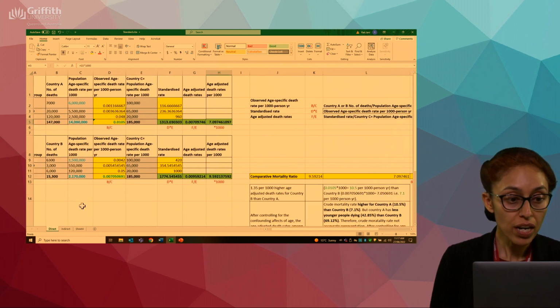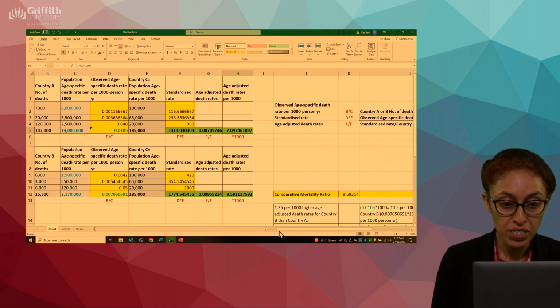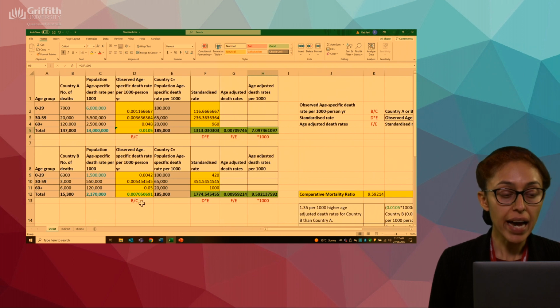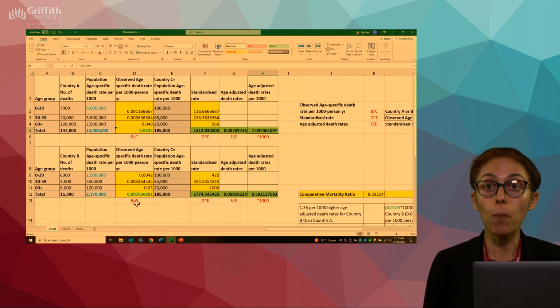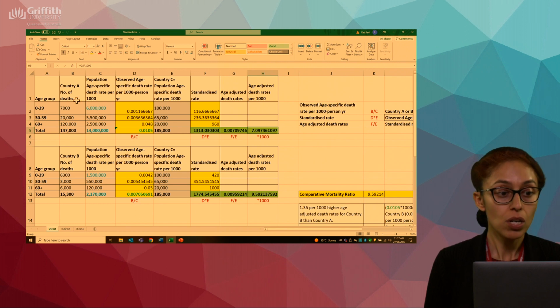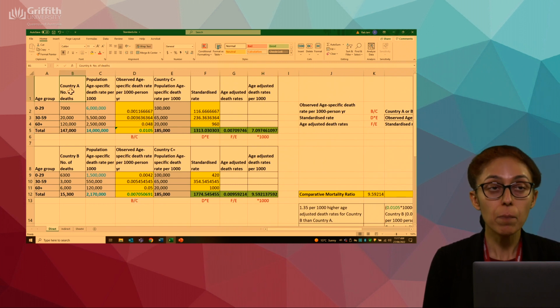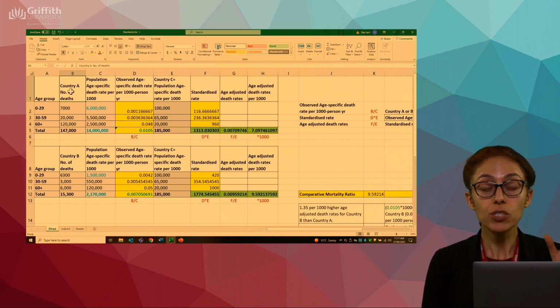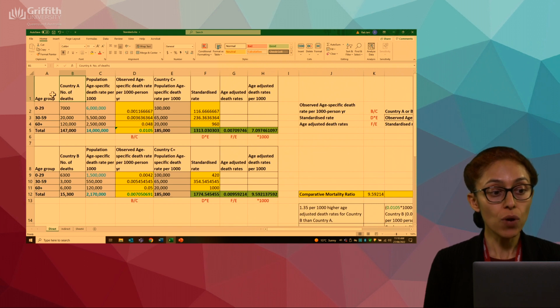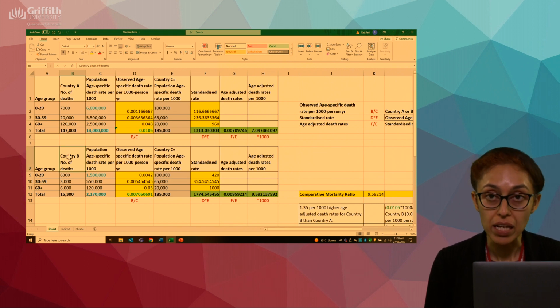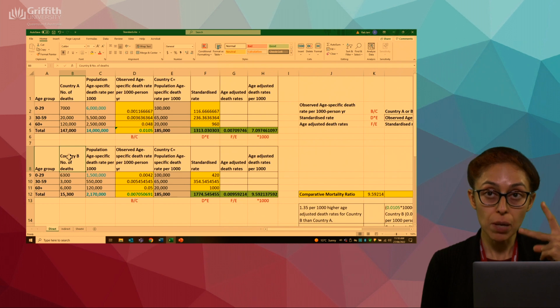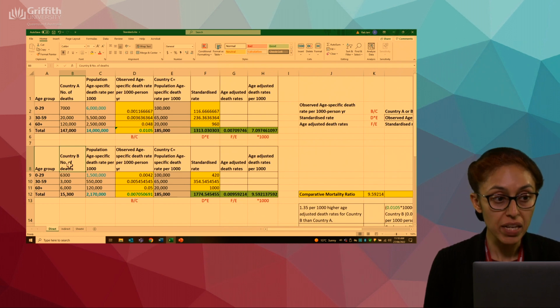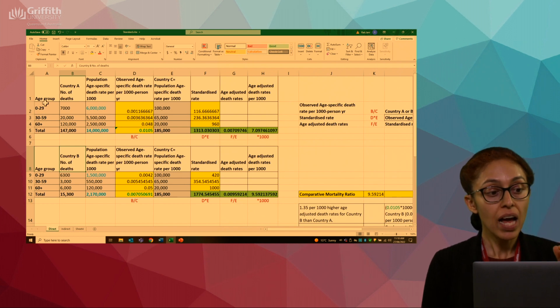Now in the direct method of standardization, remember, direct method always has a reference population. And as I said, with the concept of mortality, you generally adjust for age. So over here you have country A and country B.